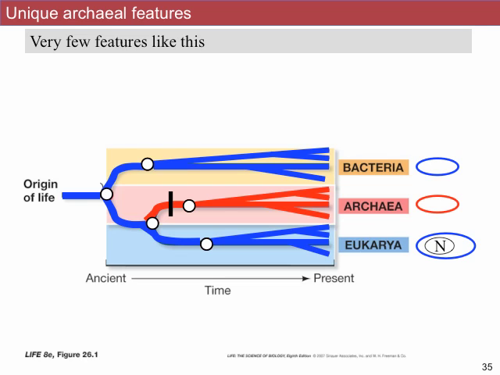So again, when you read the book, chapters 26 and 27, give yourself guidance by trying to understand where some of the features that we're talking about evolved on the tree. Many of the things that are talked about in chapters 26 and 27 are not like these features that we've talked about here. There are very few that look like this, where all bacteria have one particular state, and it's different than what's in archaea and eukaryotes, or all archaea have one particular state.